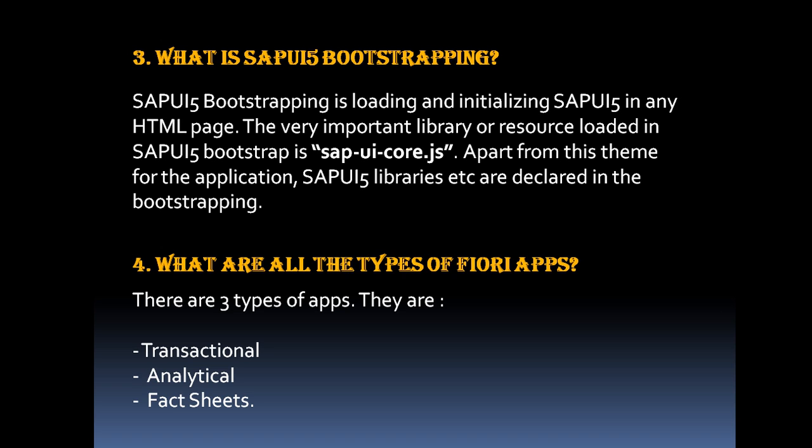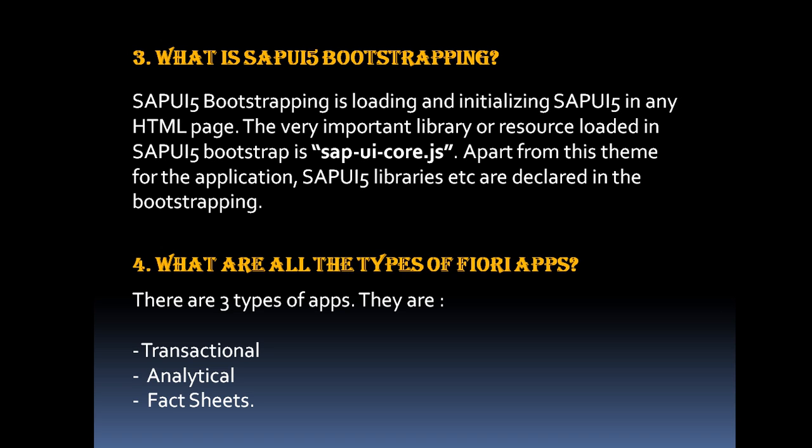Then what are all the types of Fiori applications? Right, so my friends, we have 3 types of applications. They are transactional, analytical and fact sheets. Now when you talk of transactional, it is like you enter an input and you get an output, but that is not the same with analytical or fact sheets as well. Analytics completely are meant for present and future.